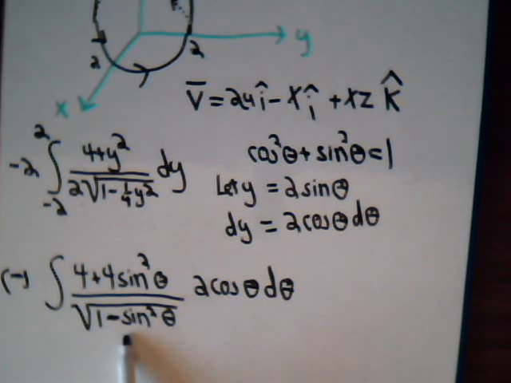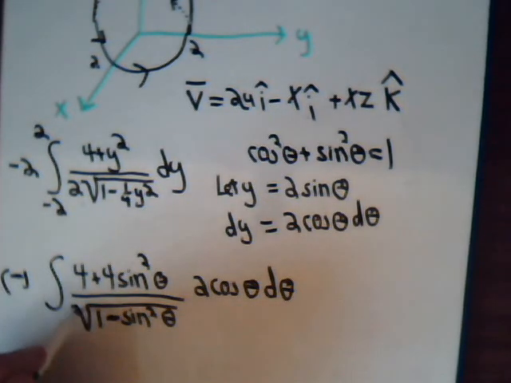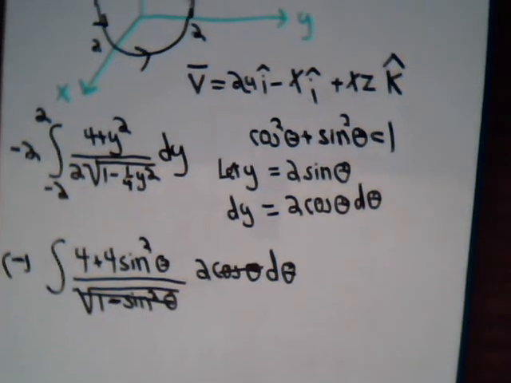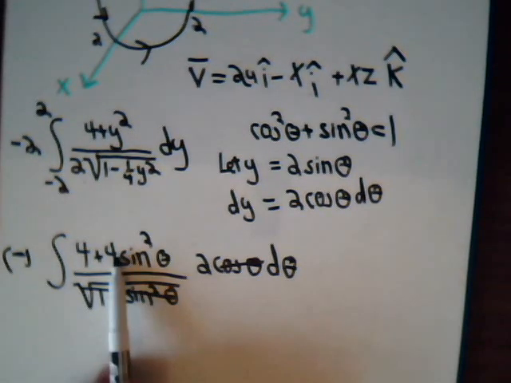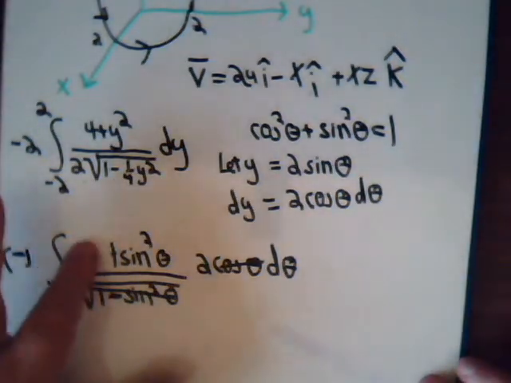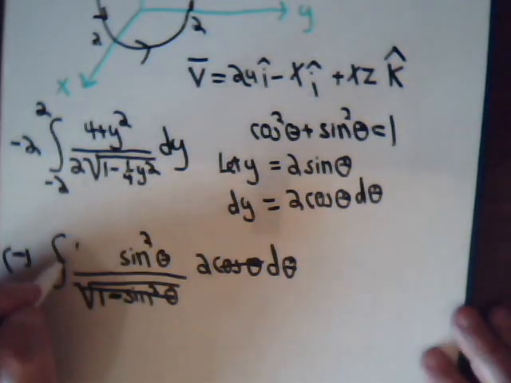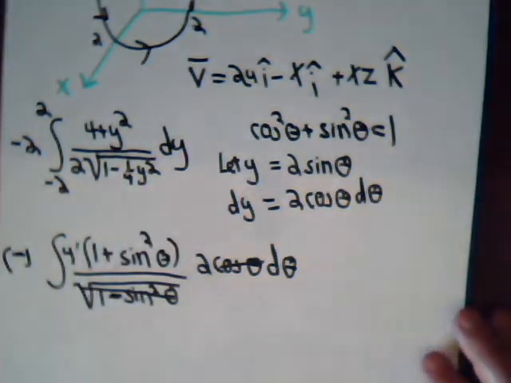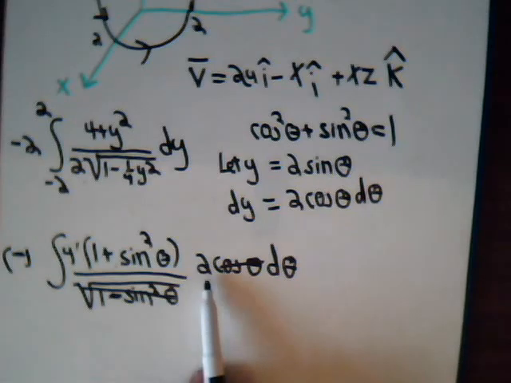This is the cosine. 1 minus the sine squared of theta is the cosine squared. Take the square root of that. So this and this cancel. We can factor the 4 out of this. You have 4 times 1 plus the sine squared of theta. 4 times 2 is 8.